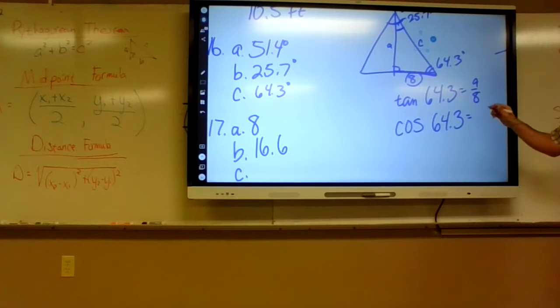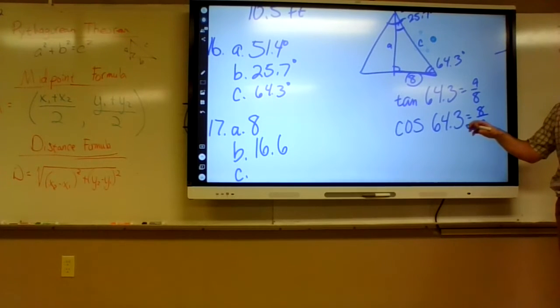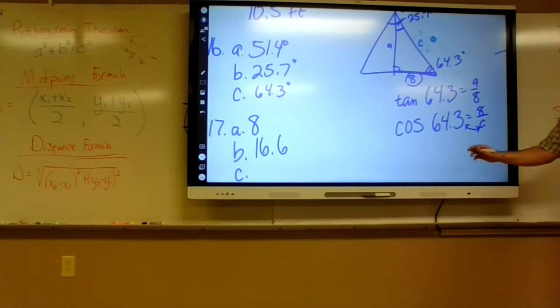Adjacent over hypotenuse, so 8 over C. And then what do we plug in the calculator? If C's on the bottom, it's not cosine 64.3 times 8. C and this switch places. So C equals 8 divided by cosine of 64.3.